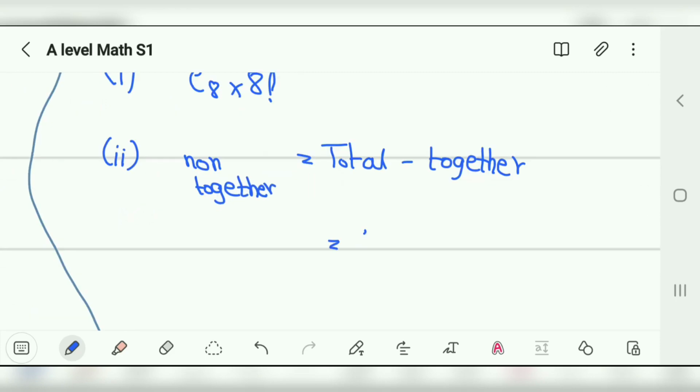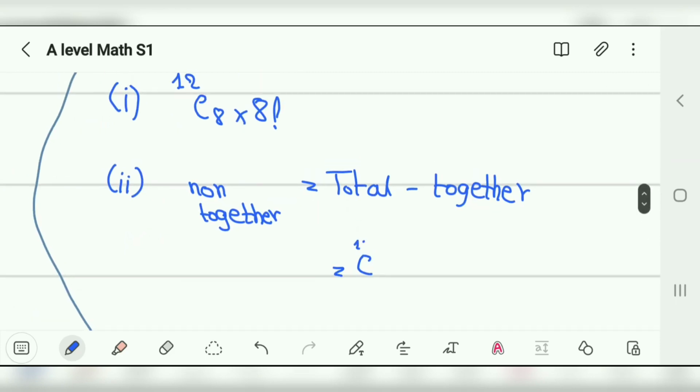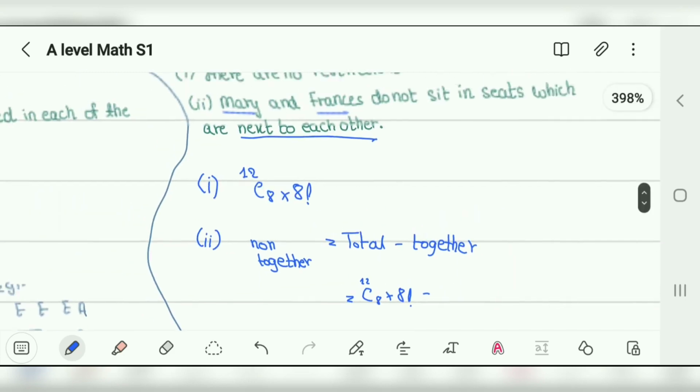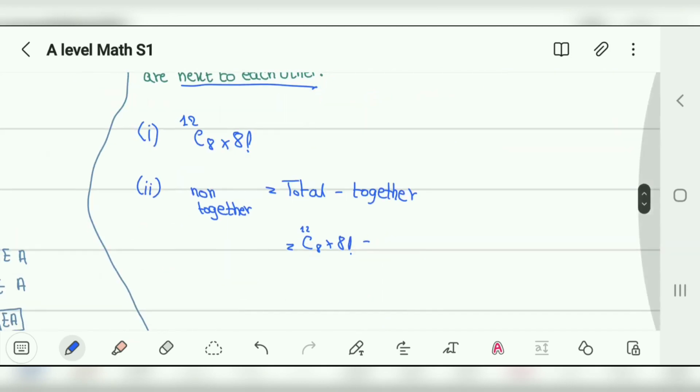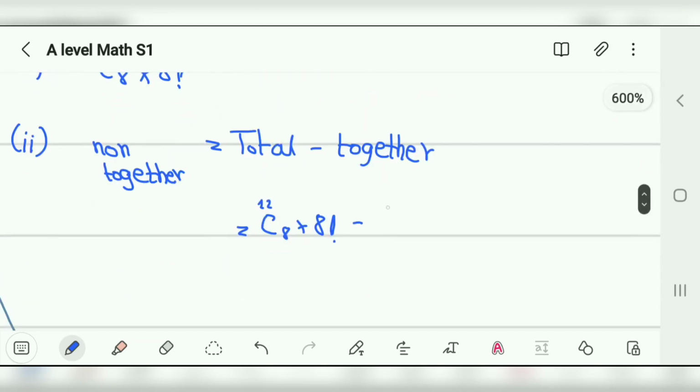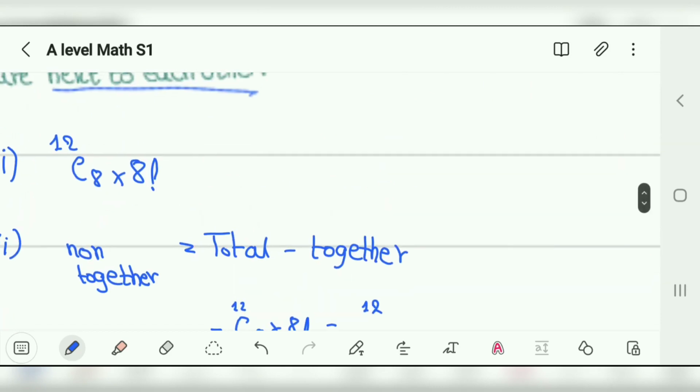This total is 12C8 multiply by 8 factorial, and minus would be taking Mary and Francis as together, and after making a selection, let's say 12C7, since Mary and Francis are together, there are 7 units.